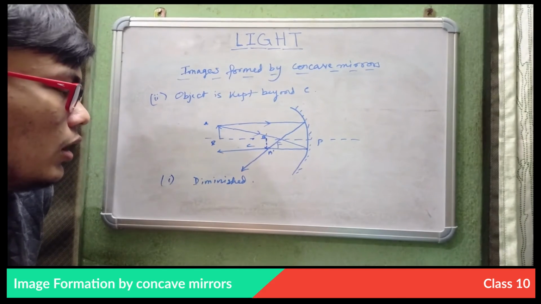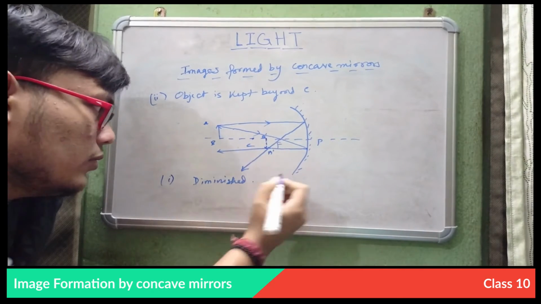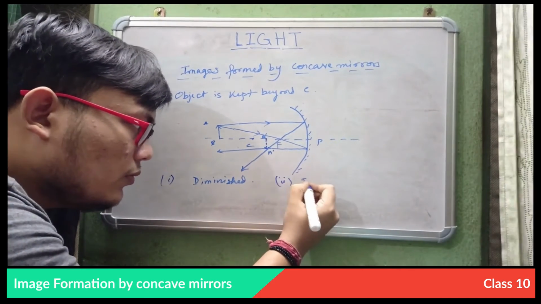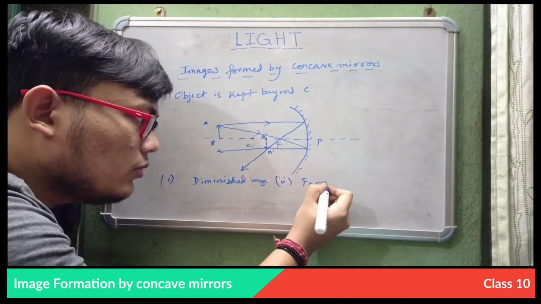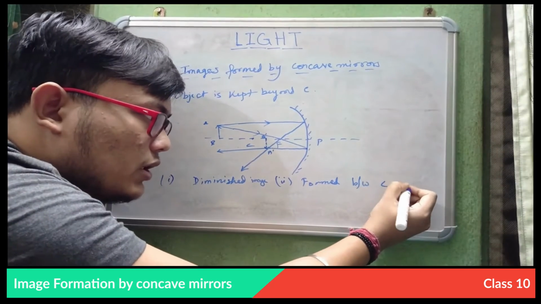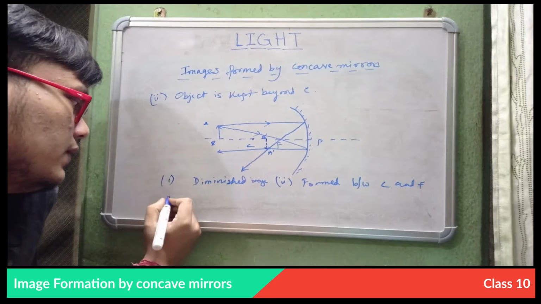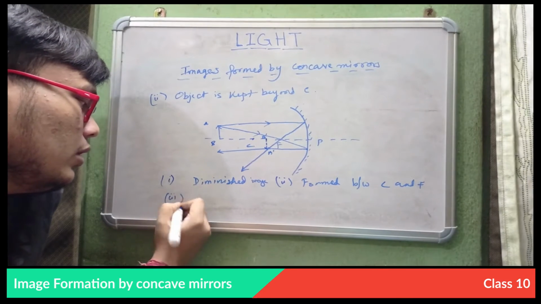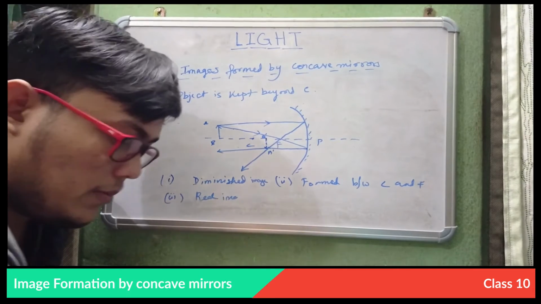Okay, we can see that the image is formed between C and F. Diminished image formed between center of curvature and focus, right? And what we can see is, it is again a real image, right?